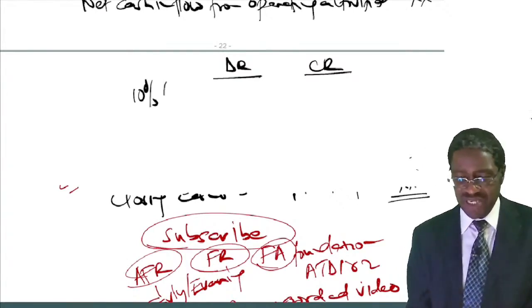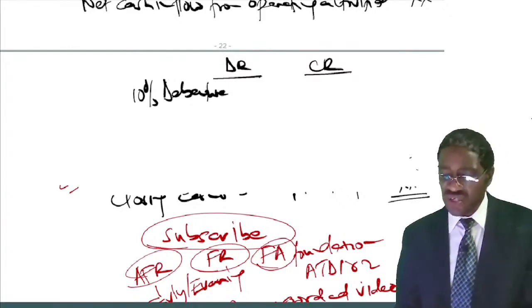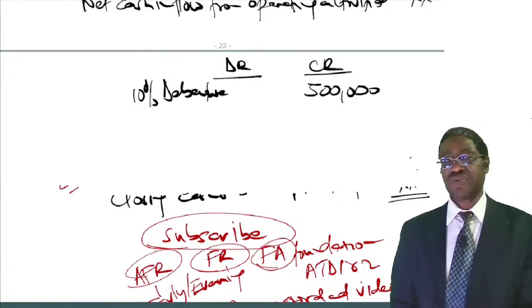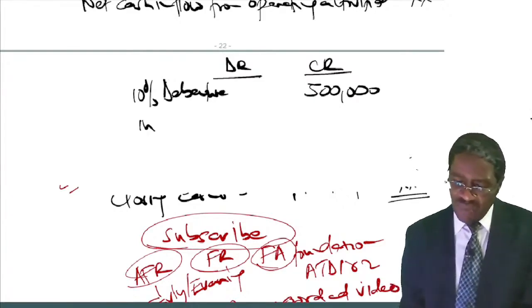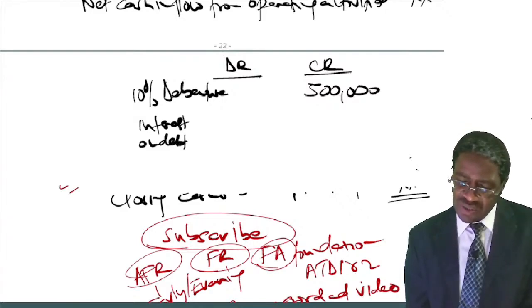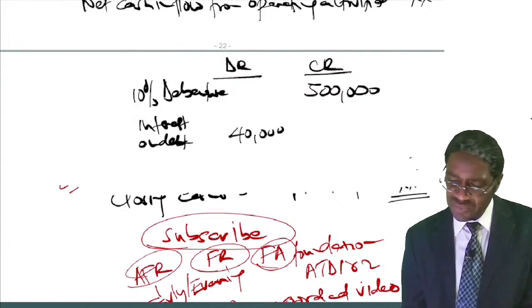Maybe you are given a 10% debenture, and in that trial balance, the amount of the debenture is 500,000. Then in the same trial balance, you are given something like interest on debentures, maybe an amount of 40,000.